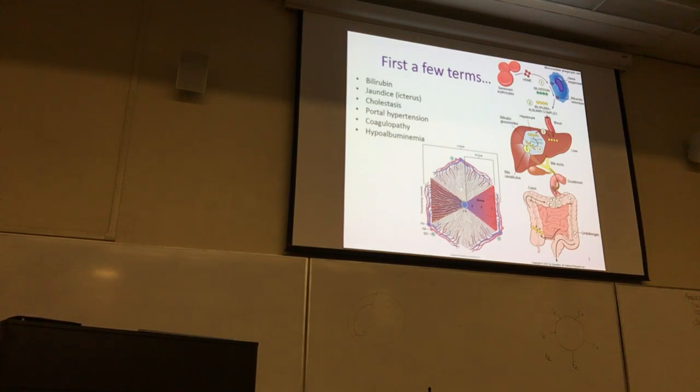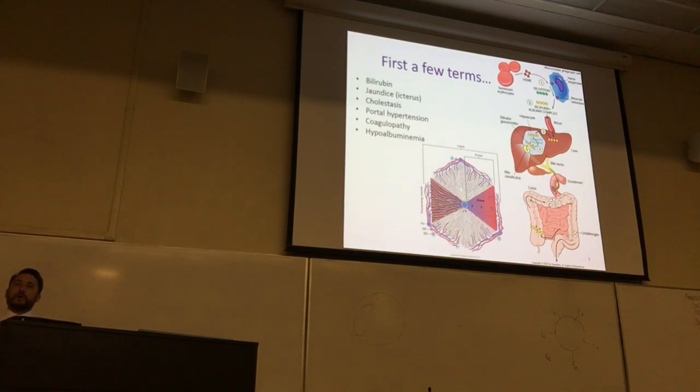Now, a couple of terminologies that I want to define. So bilirubin. You guys know what this terminology is, bilirubin? Bilirubin is a yellowish breakdown product of heme catabolism. Heme is found in hemoglobin, and within the hemoglobin molecule there is actually an iron molecule, and oxygen binds to that iron molecule.